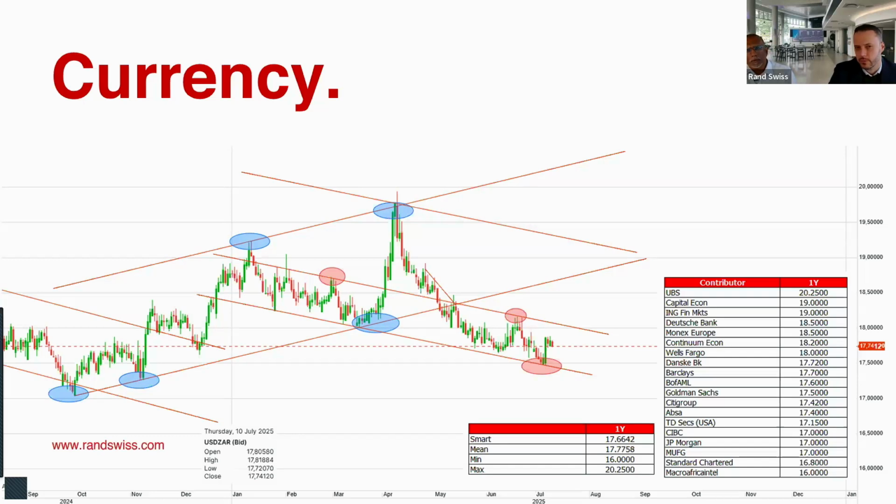Look, the problem with the rand at the moment is that there are a number of uncertainties particular to the South African economy, like we mentioned the GNU, but also our very weak unemployment rate. We had one of our ministers talk about a coup a couple of weeks ago. Obviously that's extreme. But most of you are South African based. That's why you're talking to Rand Swiss.